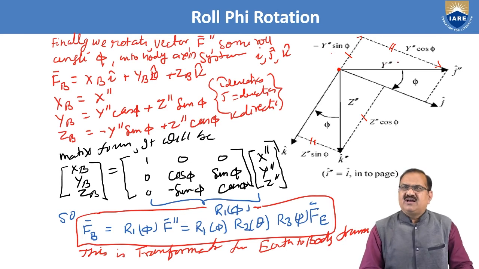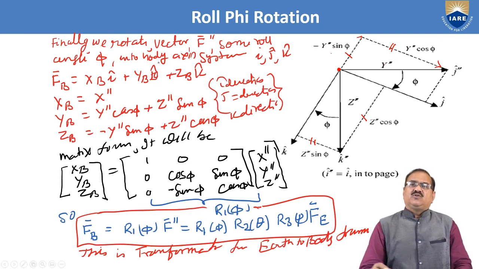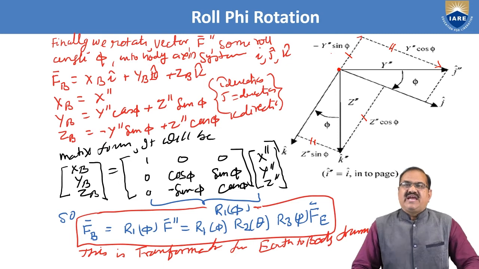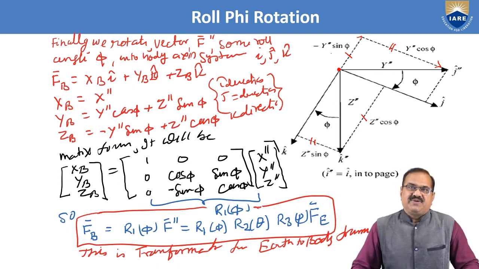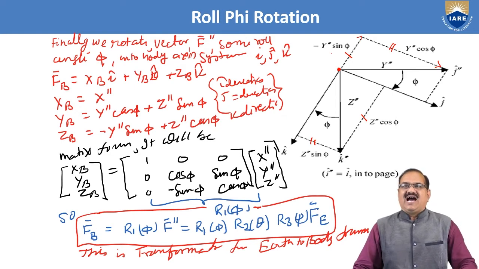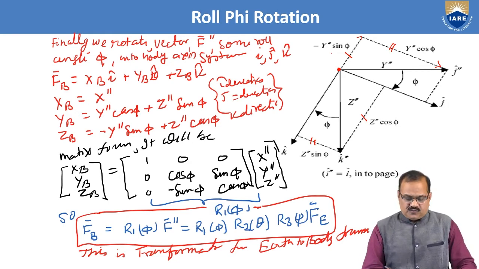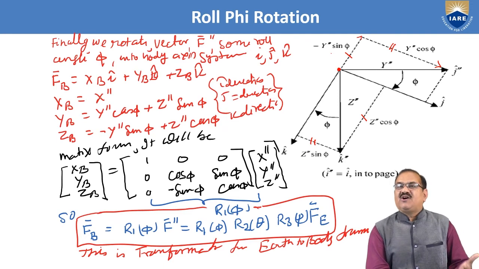So this and this and this and this will be added. Okay, so I am going further. So finally we rotate the vector f double prime, some roll angle phi, into the body axis ijk. Here fb is equal to xb i plus yb j plus zb k. So here xb is equal to x because we rotated with respect to the x. Now yb, as you can see, this yb will be what?